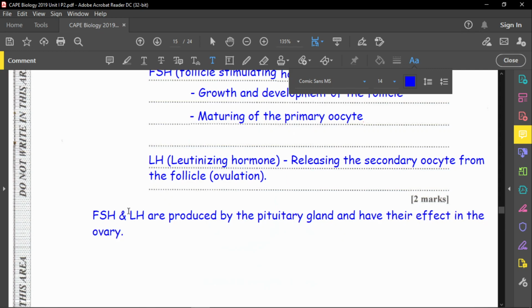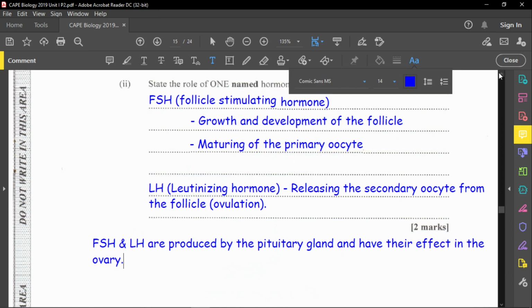You see the effects of these hormones in the ovary, and the ovaries are where oogenesis takes place. These two hormones are also responsible for stimulating two other hormones. While the follicle is developing and growing, let's go back a little step.